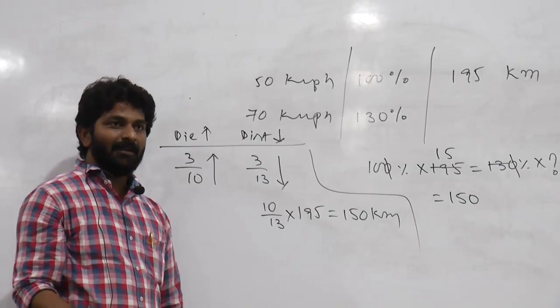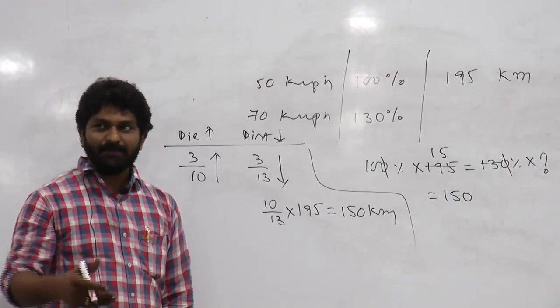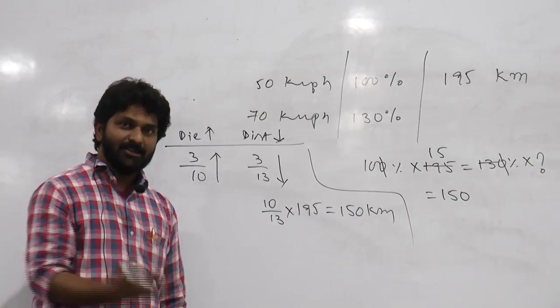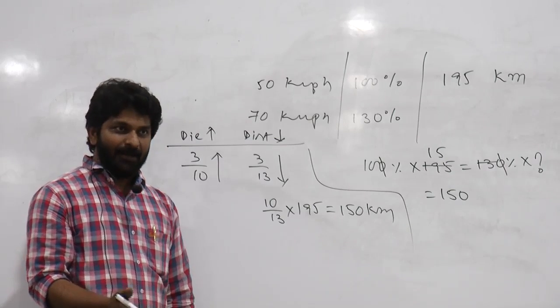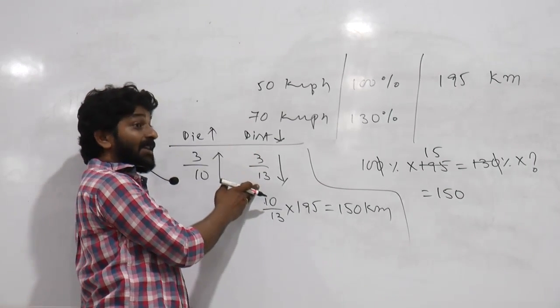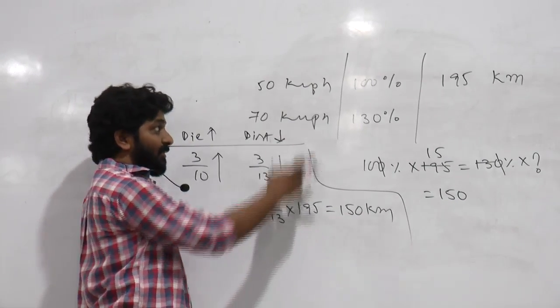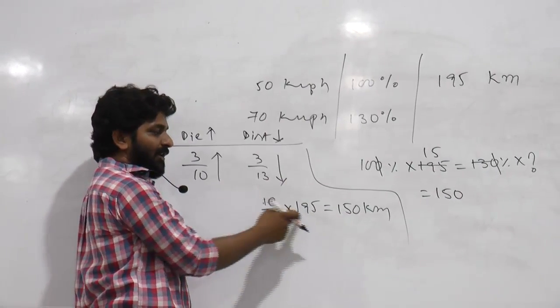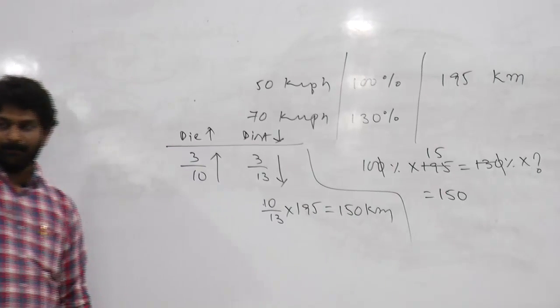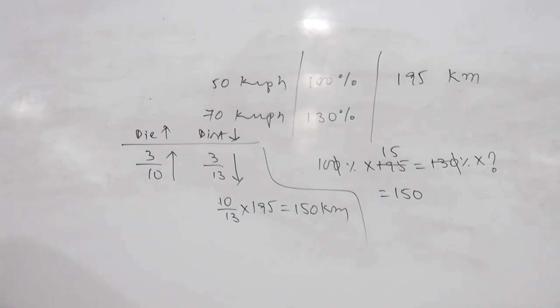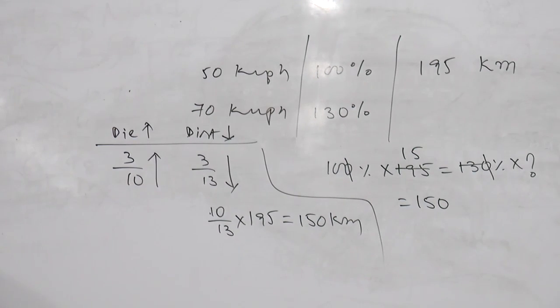When you go shopping, they will reduce the price by 20%. So what percentage will you pay? 80%. So this value decreases by 3/13. So it becomes 10/13 of the actual distance, 195. 15 times 10, 150, answer. Either way, it's up to you.